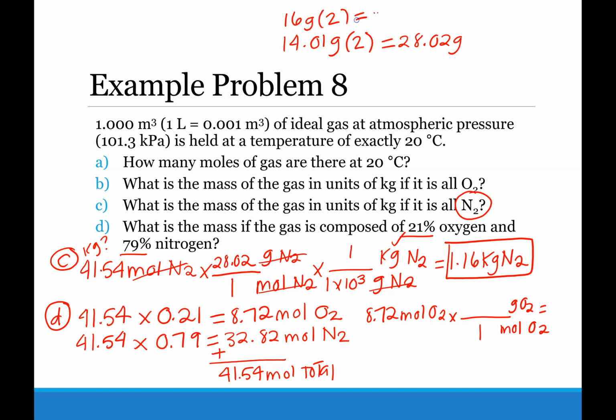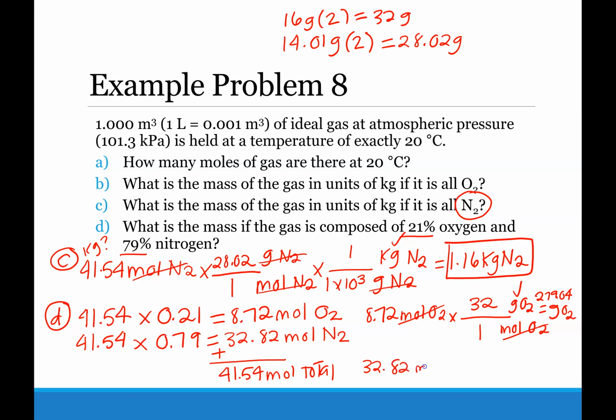And so 16 times 2 is 32 grams. So 32 grams is going to go on top. So moles of O2 cancels and we're left in grams of O2. So 8.72 times 32 would be 279.04 grams of O2.